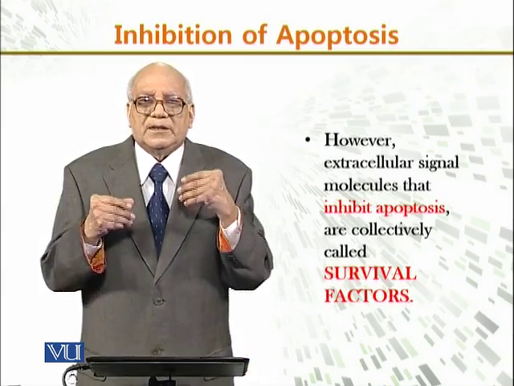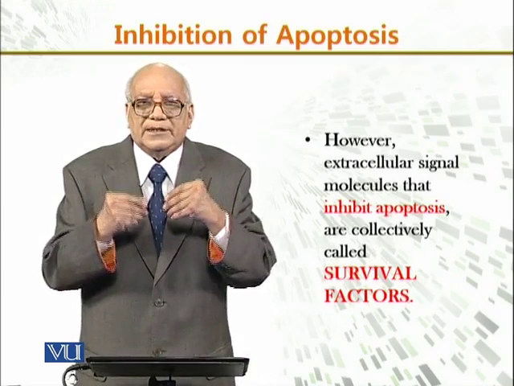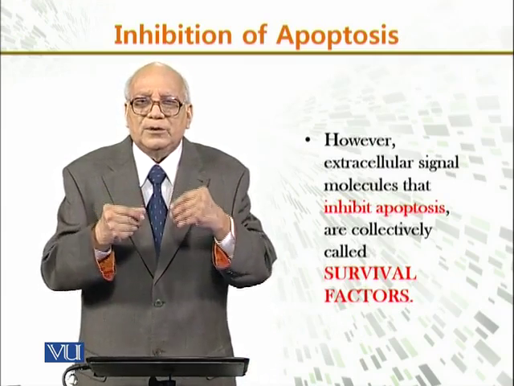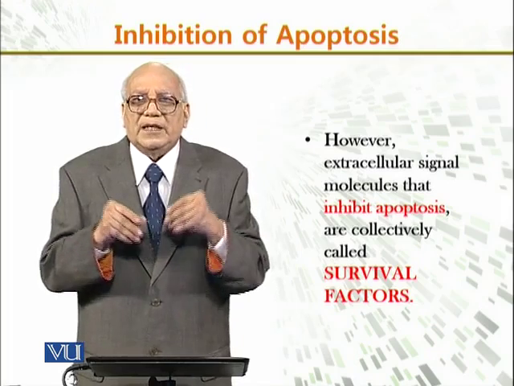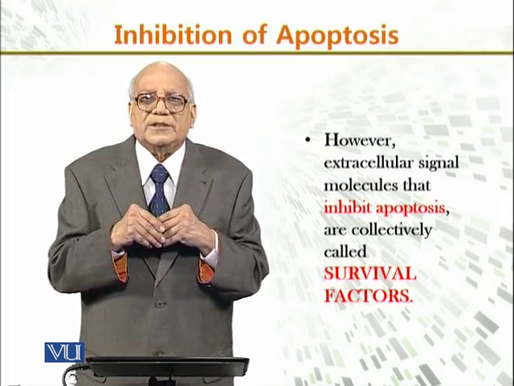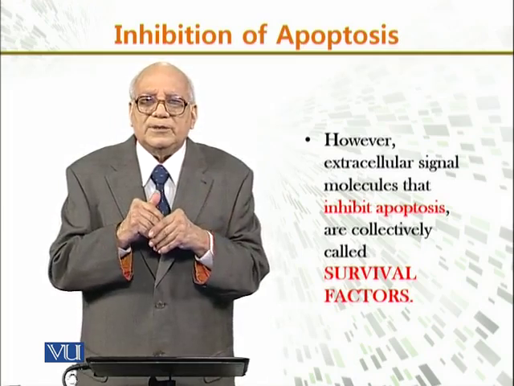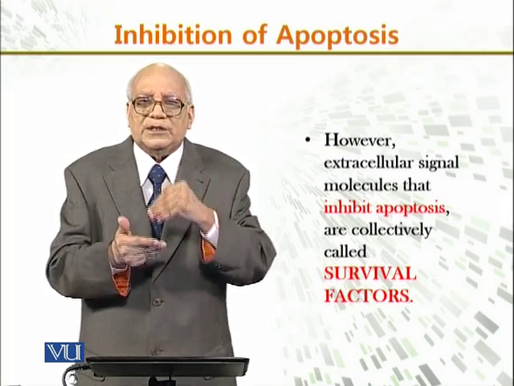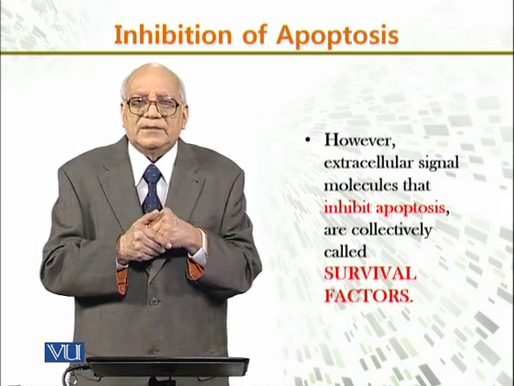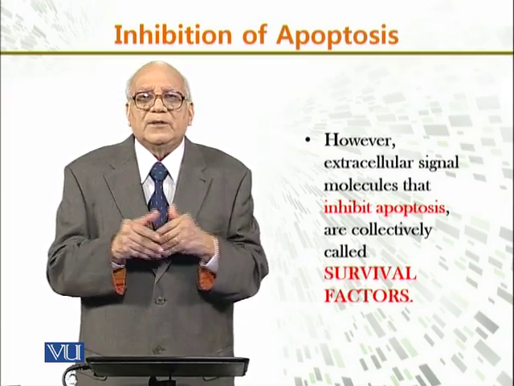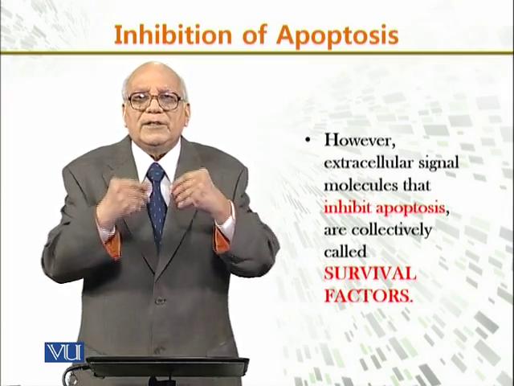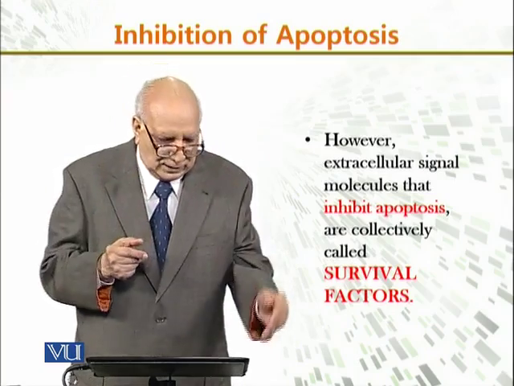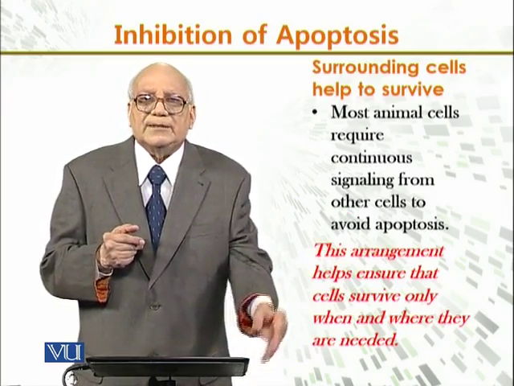But the extracellular signal molecules that inhibit apoptosis, extracellular signal जो कि apoptosis को रोकते हैं, they are called survival factors. वो सेल का सर्वाइवल फैक्टर है, सेल को वो सर्वाइव करने में मदद देता है.